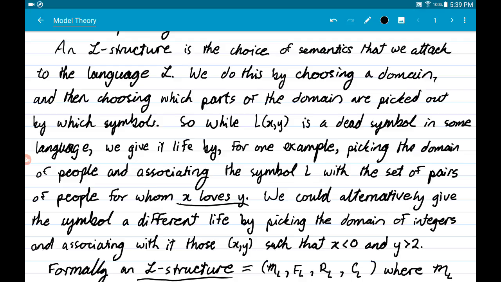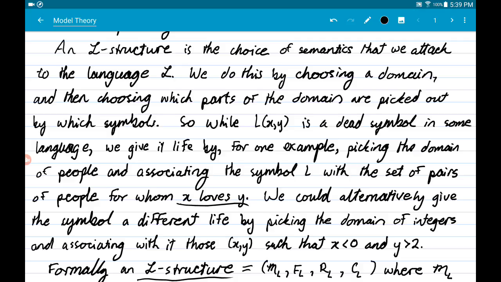A left coordinate coming out of the domain, a right coordinate also coming out of the domain. But if we associate this symbol with a collection of such pairs such that we put the pair in just in case the left coordinate loves the right, and here the left coordinate is talking about some person and the right coordinate also talking about a person, then this would be an L structure, or at least part of what we specify with an L structure. So this is kind of giving life to the dead symbols.